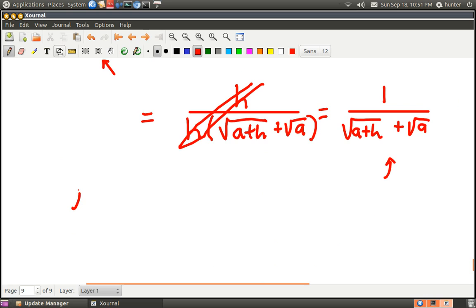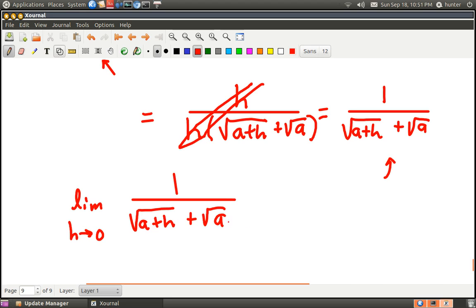So we've got the limit as h goes to 0 of 1 over the square root of a plus h plus the square root of a, and plugging 0 in for h is great, no problem.